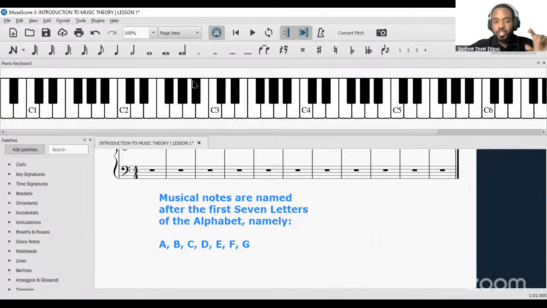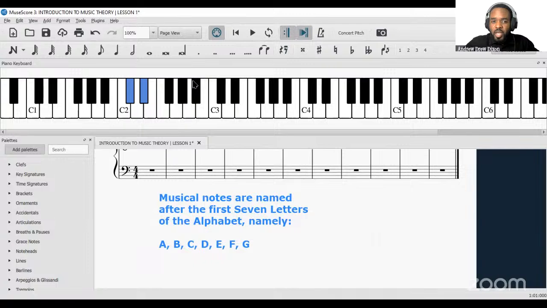Now you would notice that you are seeing C on some of the keys. So then, C is located to the left of the two black keys. Why did I say two black keys? You're seeing a lot of black keys. Why did I just decide two? Because the black keys are in groups.